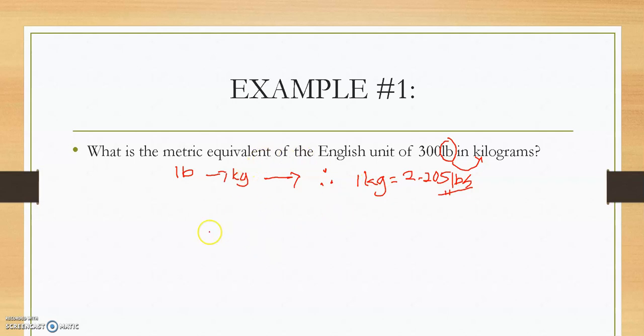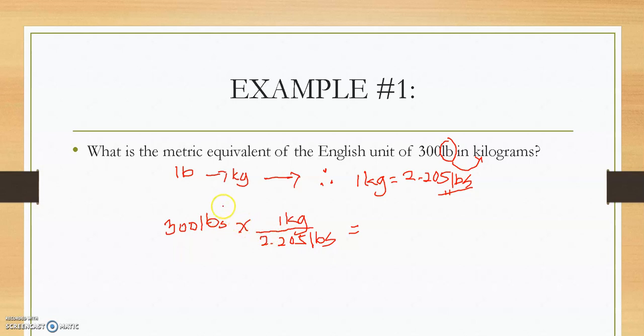So to convert that, you need to form the pattern. The unit to be converted is pounds, right? 3 pounds times the value of pounds, 2.205 pounds, and then here you have 1 kilogram so that kilogram remains. So that is our new unit.